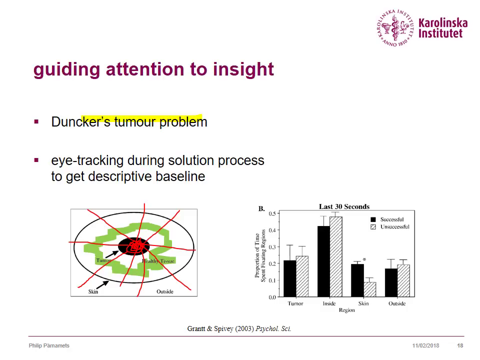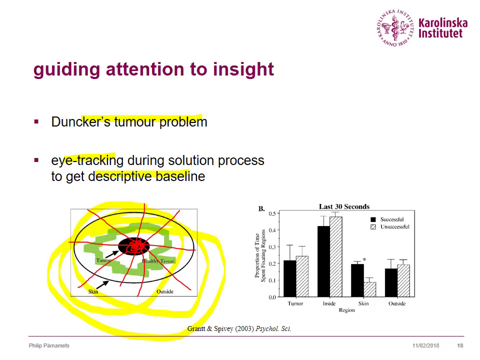So this research proceeded in 2 steps. First, the researchers used eye tracking to get a descriptive baseline of how people look at the visual depiction of the problem when solving the Dunker's tumor problem.